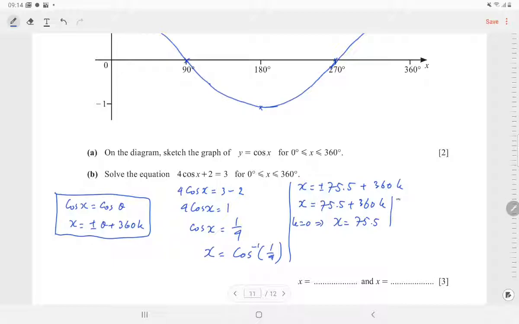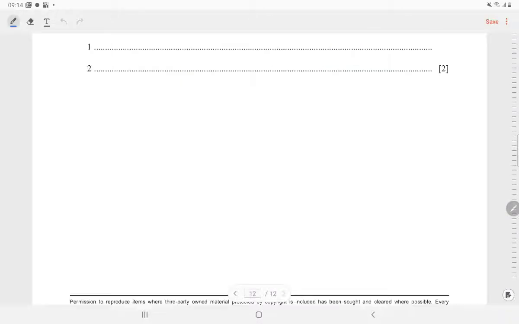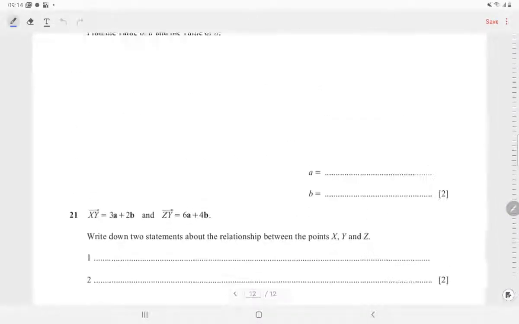For the negative one, it is negative 75.5 plus 360k, so when k equal to 1, x equal to 360 minus 75.5, which is 284.5. So the answers are 75.5 and 284.5.